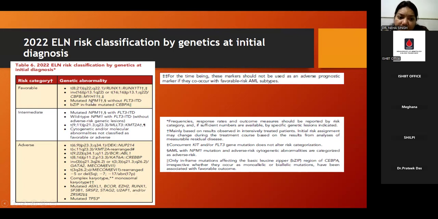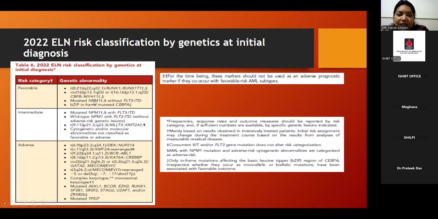Your NPM mutation without FLT3 is favorable. Your ZIP mutated CEBPA is favorable. And all these translocations listed here are unfavorable, along with complex karyotype, AML-MRC mutations and mutated TP53. You are asking me, if you have both, what will you consider?